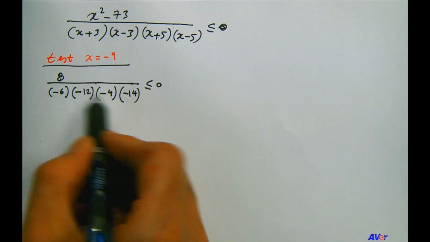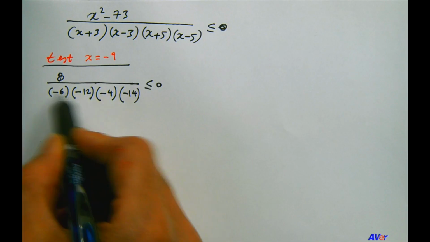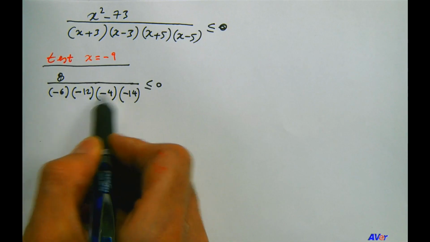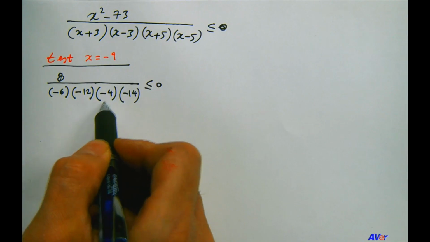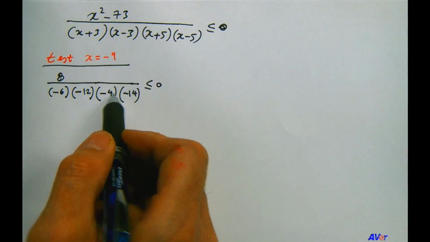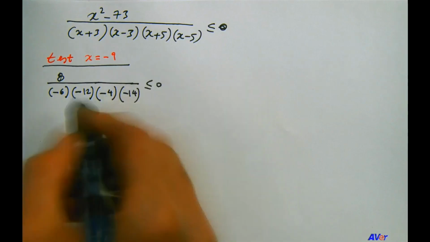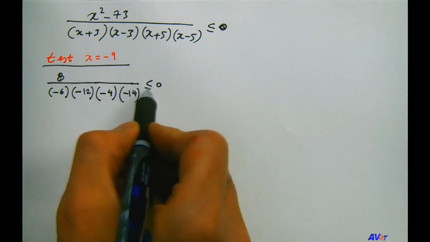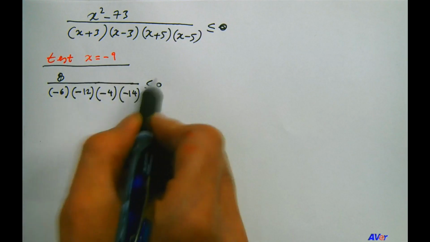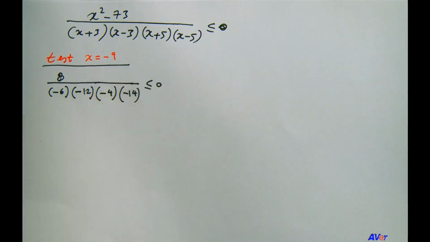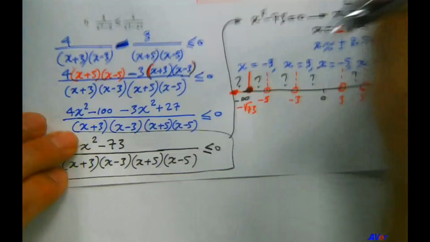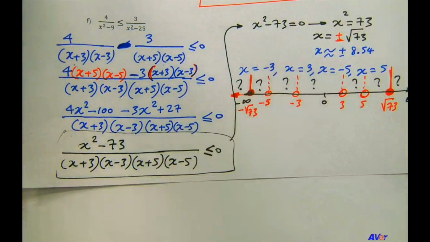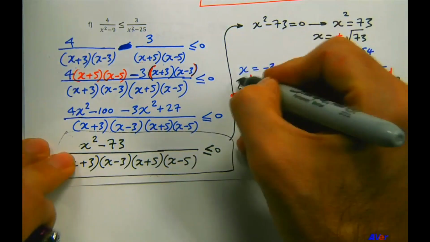You multiply all of this by each other, you have 4 negative numbers being multiplied, so the result is going to be positive. Because this whole thing is positive, it's not possible for the left to be less than or equal to 0. So no. So that region, when I had that question mark, let's write no.